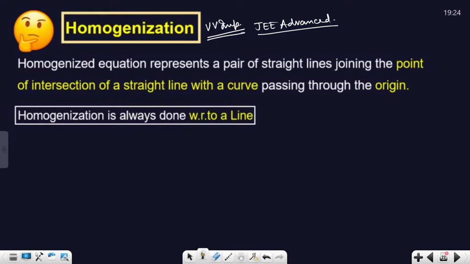But the question comes, how will we homogenize an equation which is not a homogeneous equation?